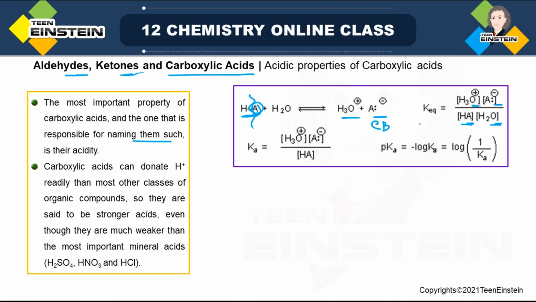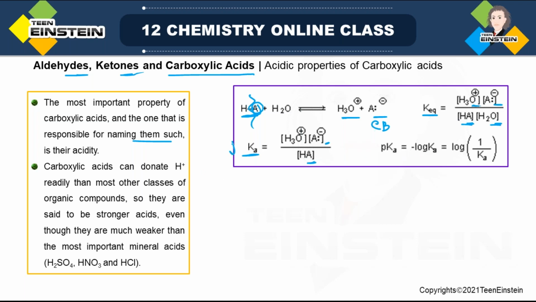So when it is K equilibrium, we write it in this way. But if you consider the dissociation constant, which is Ka, now you just write only H3O plus concentration times A minus concentration divided by undissociated HA. Fine. Now if we take log on both sides, then what will we get?